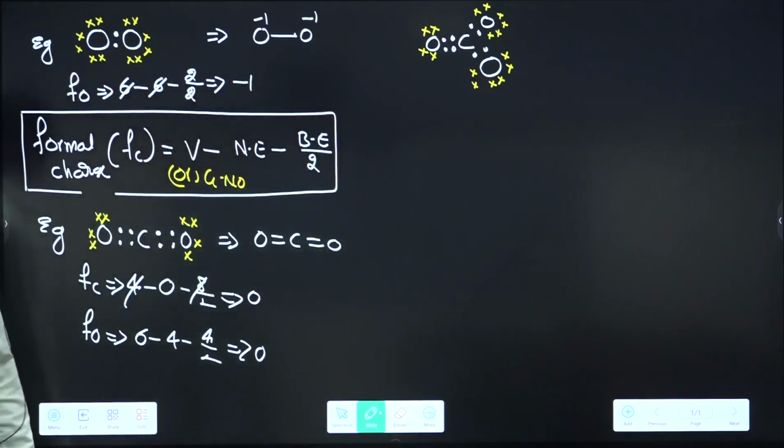Calculate the formal charges; I have given the Lewis dot structure. You write down the formal charges and the complete structure.